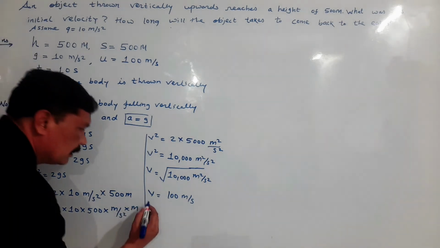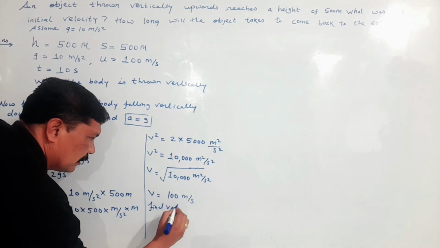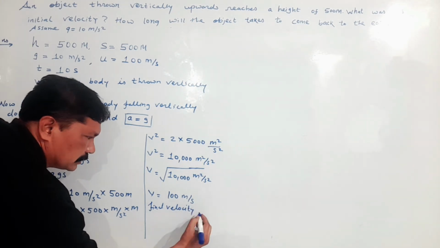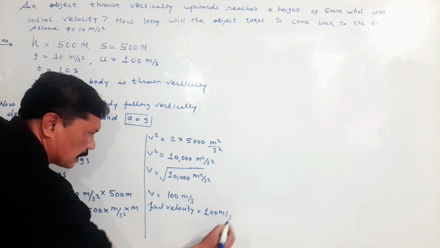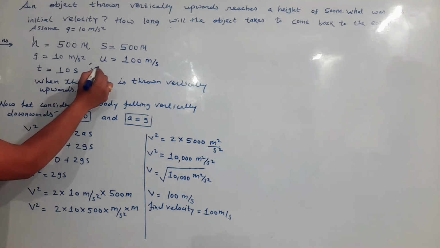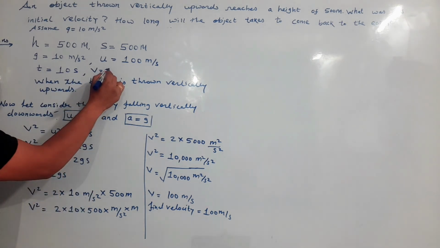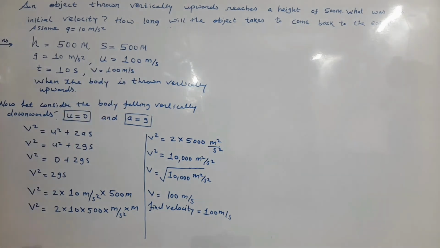My dear student, v is the final velocity, and it is found that the final velocity is 100 meter per second. Now we can put this information here, my dear student. v is equal to 100 meter per second.